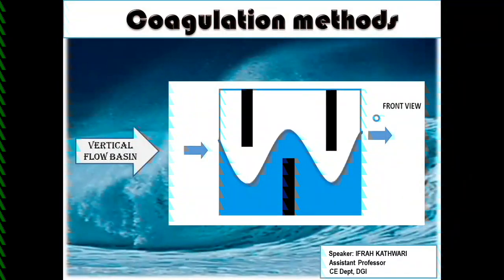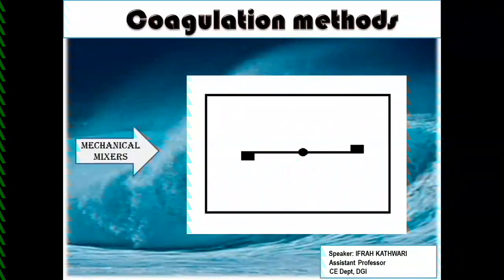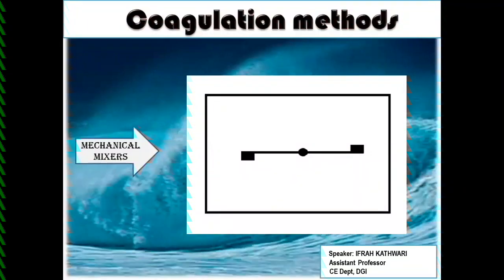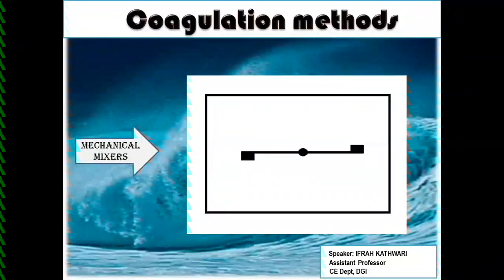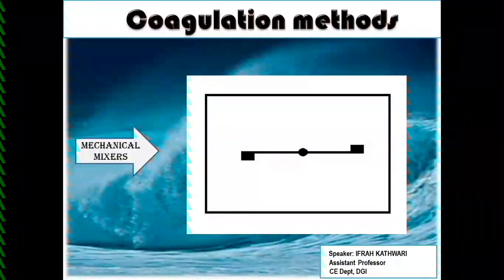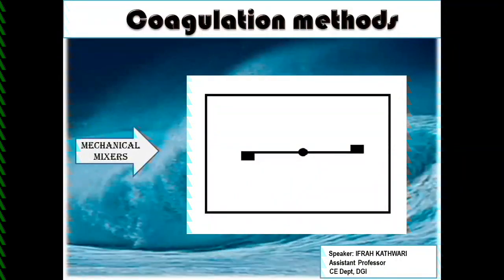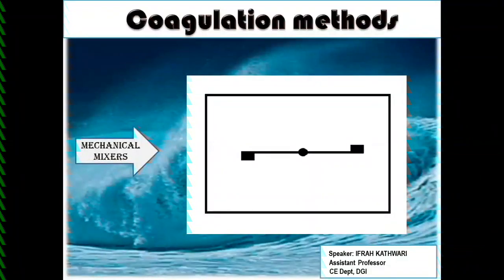Okay, moving on. What I was discussing was horizontal and vertical flow, where we were just changing the directions, but the water was flowing naturally. We were not providing any power to it.